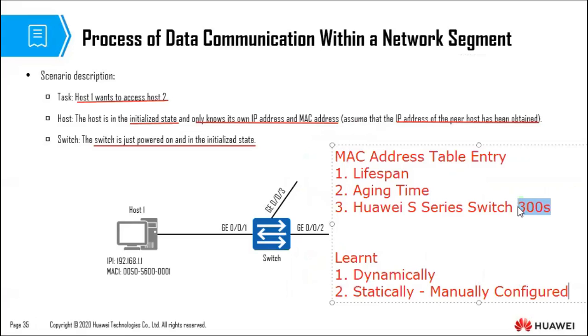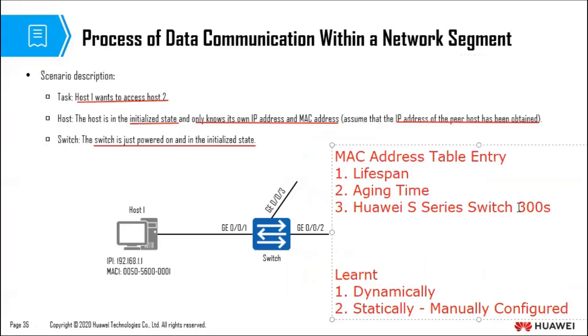This 300 seconds is the amount of time the MAC address entry lives. You see, in the MAC table, we are going to say MAC2, that is the MAC address of host 2, is associated with GE0/0/2. Are you getting the point?